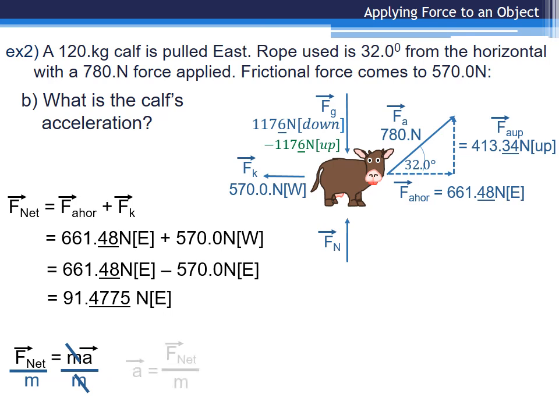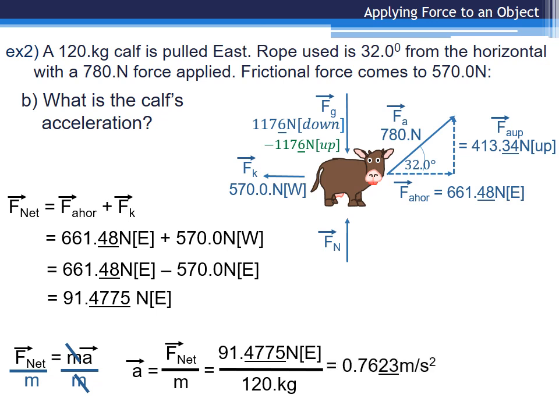Mass will factor out. Acceleration is equal to F net over mass. Again, I will substitute my numbers in. F net is 91.4775 newtons east. The mass is 120 kilograms. That gives me 0.7623 meters per second squared. So my answer is the calf is accelerating at 0.76 meters per second squared east.